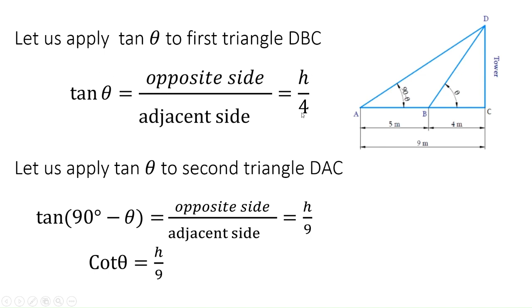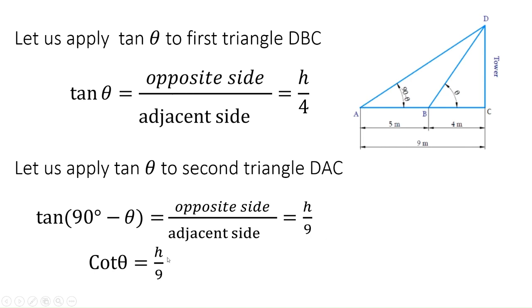Now we apply tan to the second triangle DAC. But here at A it is the 90 minus theta angle. So tan 90 minus theta is equal to opposite side by adjacent side. Again the opposite side is the height of the tower, and the adjacent side is the distance between the tower and the point A. So h by 9.